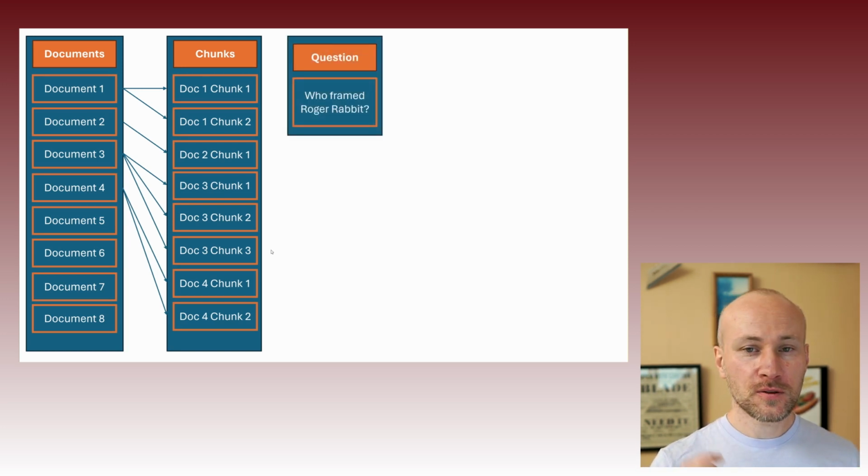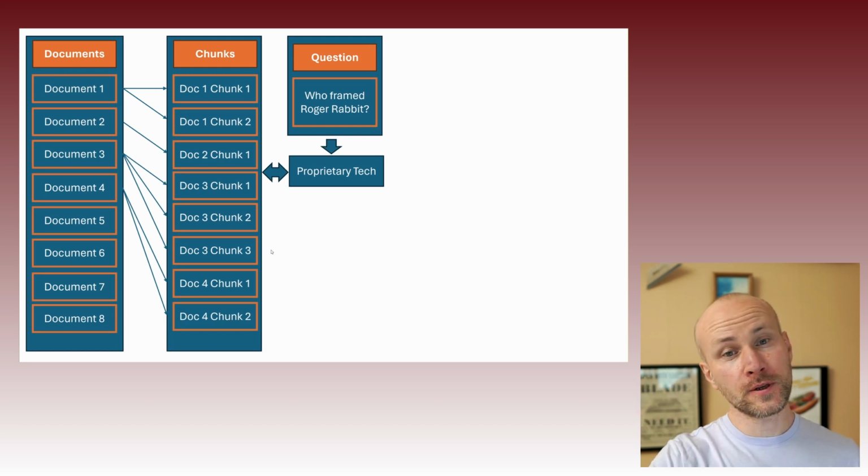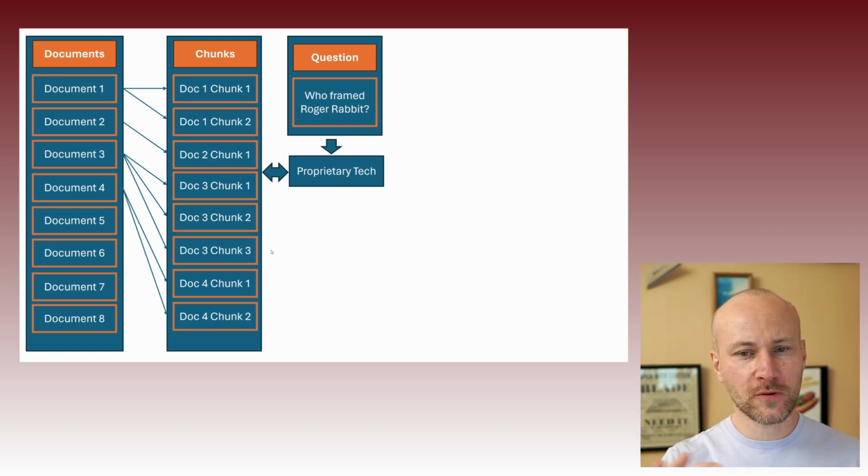Next, we're going to take a question, like who framed Roger Rabbit, whatever question you want to ask, and we're going to use some kind of technology, which I call proprietary tech, to query those chunks. This query could be run against an index of the chunks or whichever way. There are no specifications for exactly what technology to use. This is left up to the people who implement this, whatever technology they want to use.